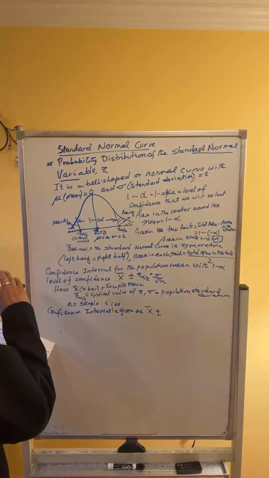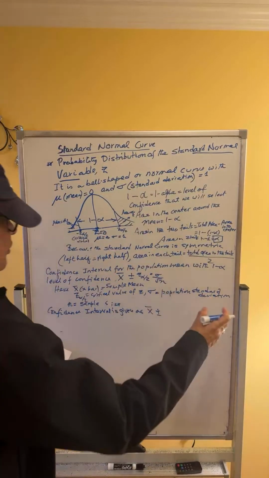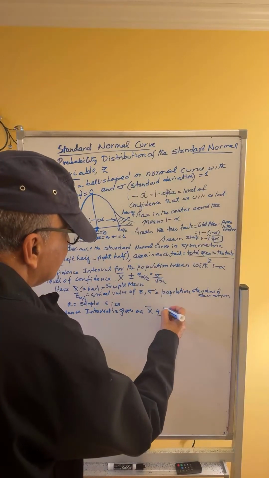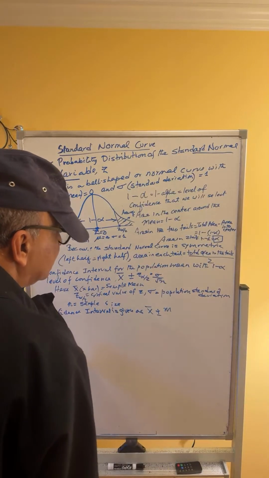Because when we do minus we get the lower boundary, and when we do plus we get the upper boundary of the confidence interval.